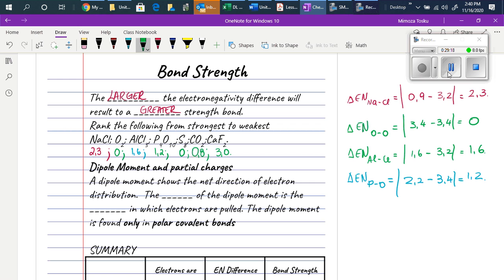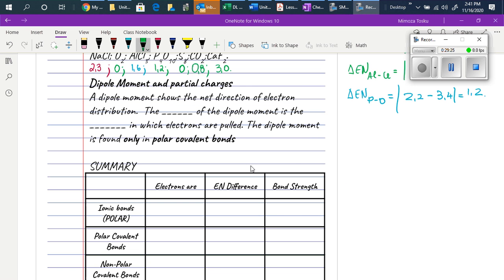So when you are sorting them, it's just sorting decimal numbers. When we are talking about the dipole moment, what we are identifying is the direction of the electron distribution. Let's rewind for a bit.